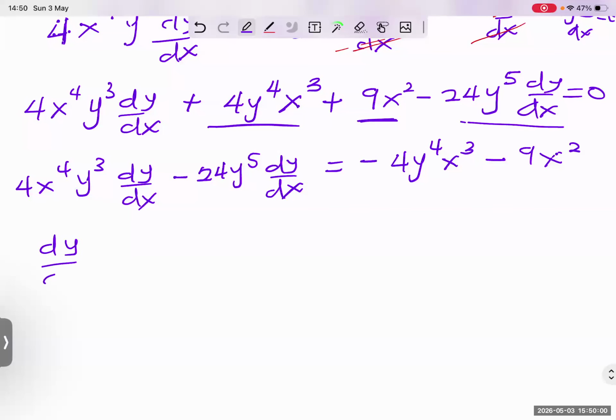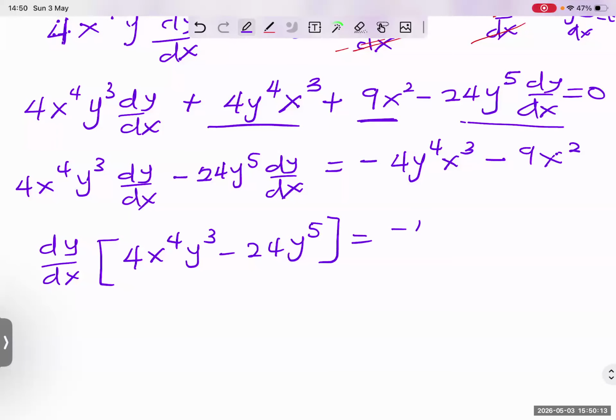So we have dy dx out, and we are left with 4x^4 y^3 minus 24y^5. This is equal to minus 4y^4 x^3 minus 9x^2.